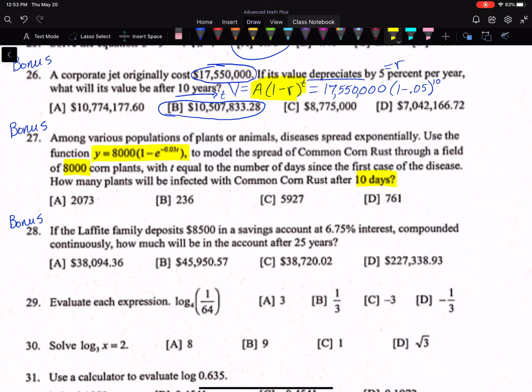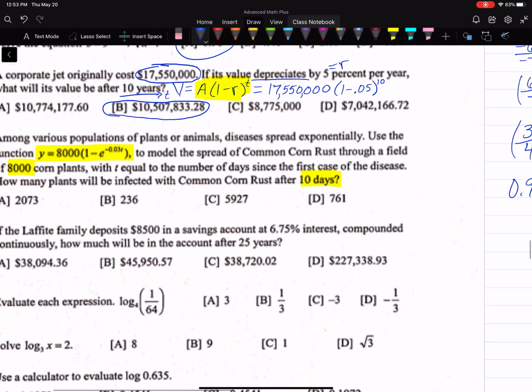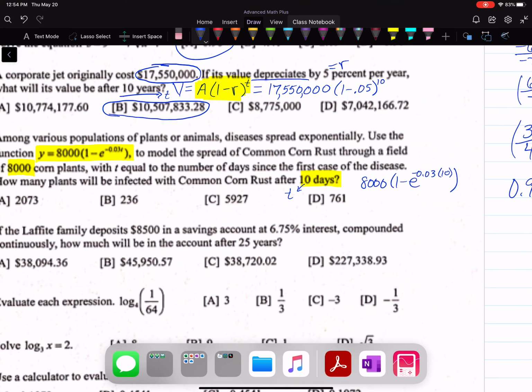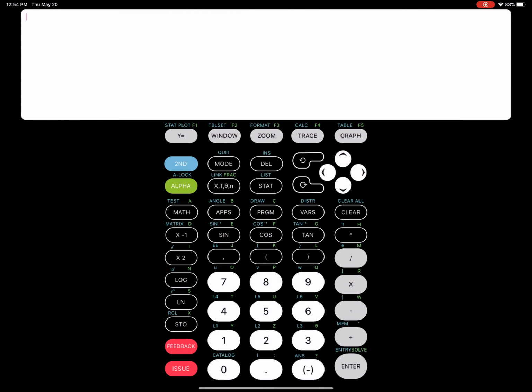So you're going to put in your calculator 8,000 times 1 minus E to the negative 0.03 times 10 power. You just plug it in. Again, 10 is T. So, let's see here. Go to my calculator again. Clear all that. 8,000 times 1 minus E. To get E to the power, you hit second and natural log, and it should pull up. There you go.